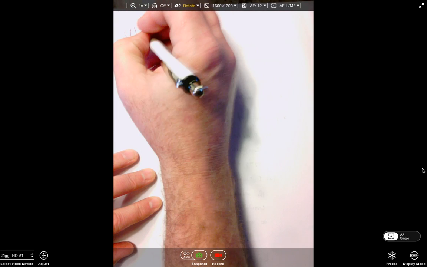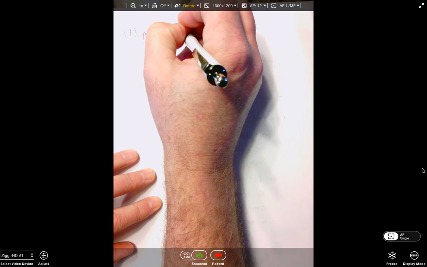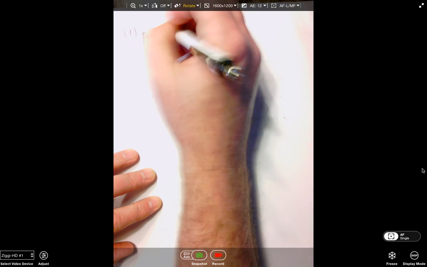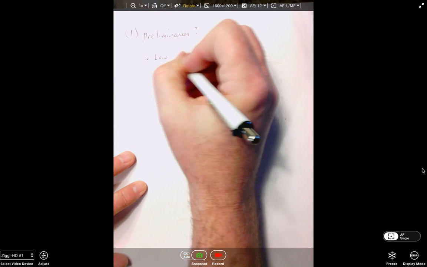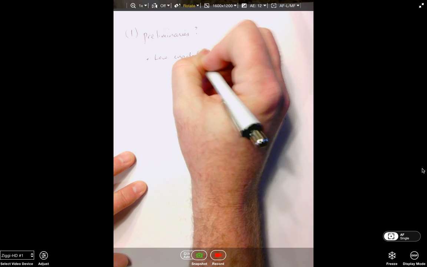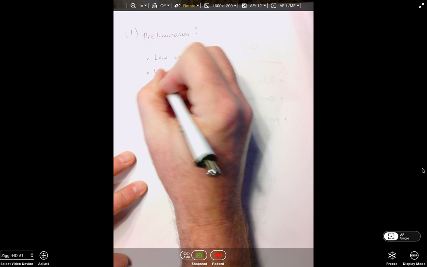Now, first thing we need to do is some preliminaries. And preliminaries that I have, do we have any low correlations? High correlations?